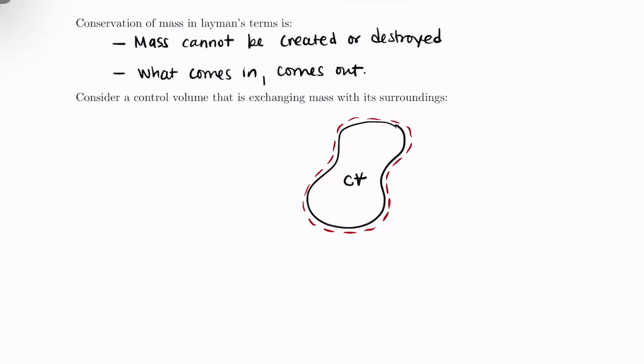And to it, we can have mass coming in at 1, and then mass coming in at some other place 2, as well as mass coming out here and here. Okay.